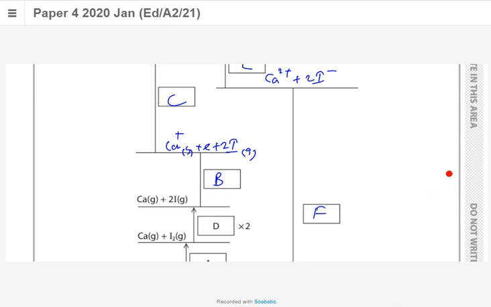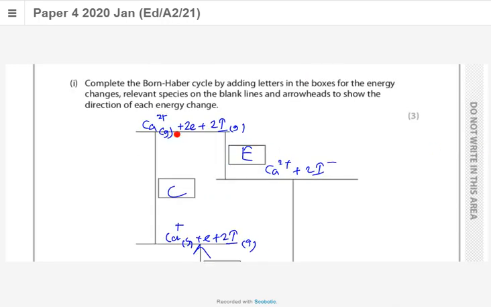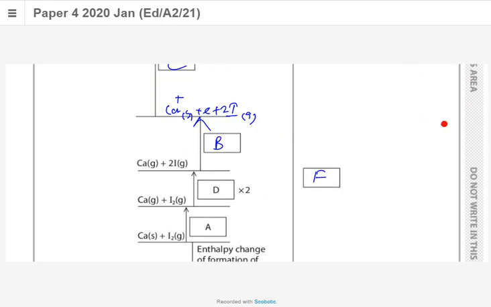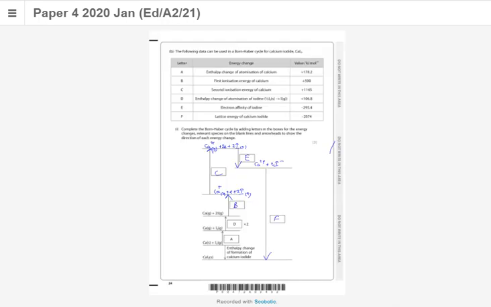This is F, so this arrow goes up. And this comes down again, because the first electron affinity is exothermic, the others are all endothermic. And then this is the product. Please check your answers.